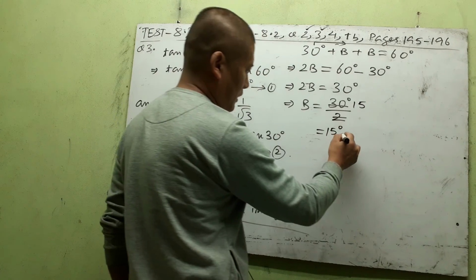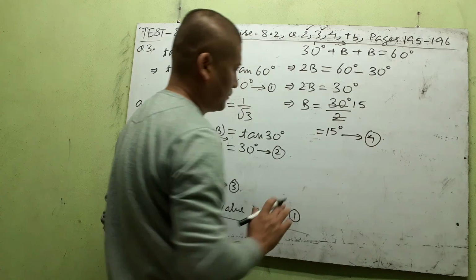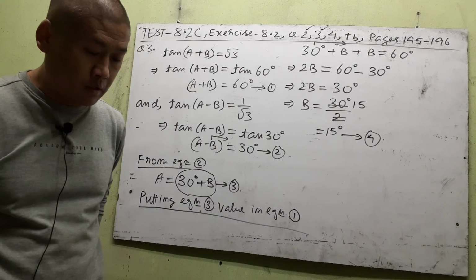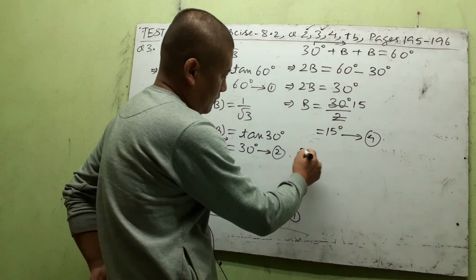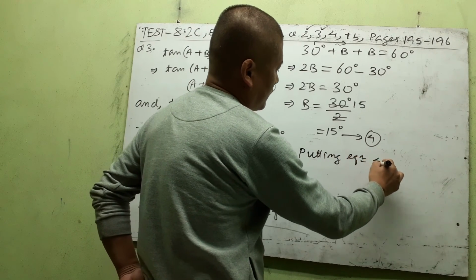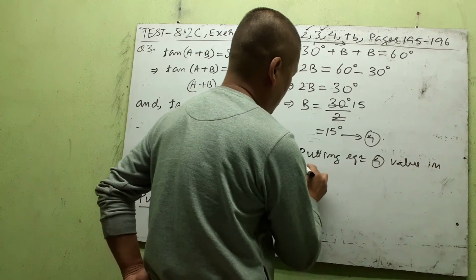We found out that b. Let us put this as equation number 4, following 3. The question is saying find the value of a and b. To find a, you put the equation 4 value, that is the b value, in.